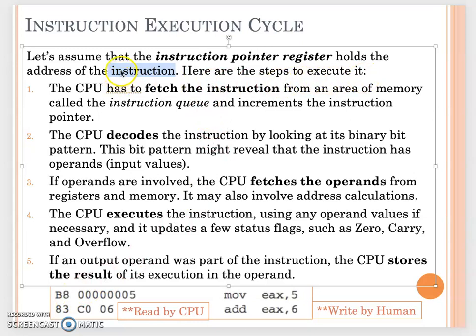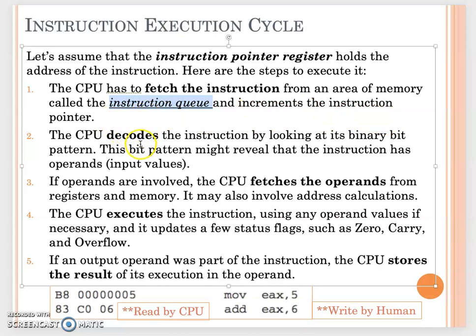The first thing, after you know the location of the instruction, is that the CPU has to fetch that instruction from an area of memory we call the instruction queue. On the top of the queue will be the next instruction we will work on. So after you get it from the queue, you increment the instruction pointer to go to the next one.